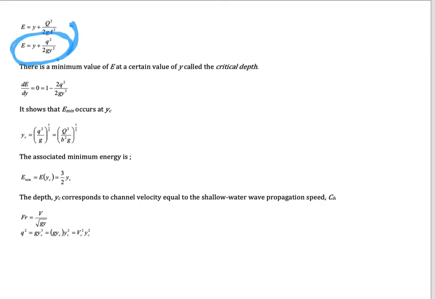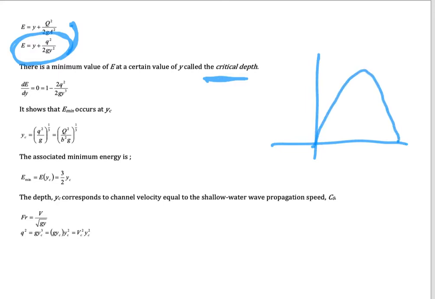And then there is a minimum value of E at a certain value of y called the critical depth. So how do we calculate this? We know from secondary school or high school, if we have a quadratic graph like this and we want to calculate the maximum point, we take dy/dx and set it equal to 0, so we get the maximum point.